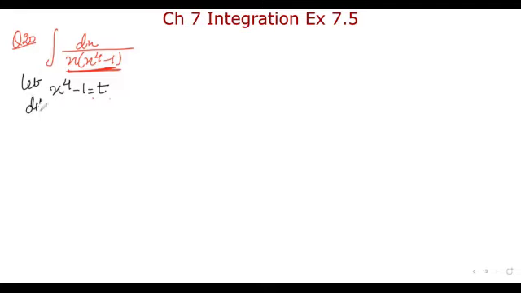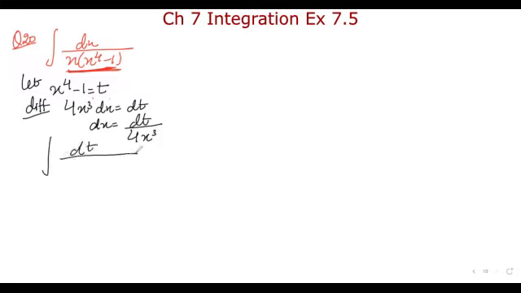So on differentiating, the derivative of x power 4 is 4x cube into dx is equal to dt. So let us find the value of dx, it is dt upon 4x cube, right? So we will put the value dt upon 4x cube. Whatever is already there, do not leave it, write it as it is. Now before integration, all our x should be converted to t. I took the constant outside, and this is x power 4 and this is x power 4 minus 1.